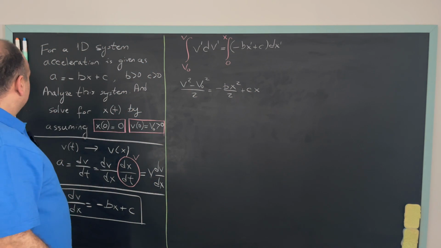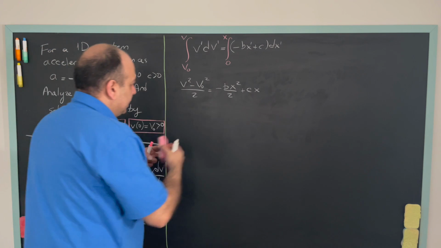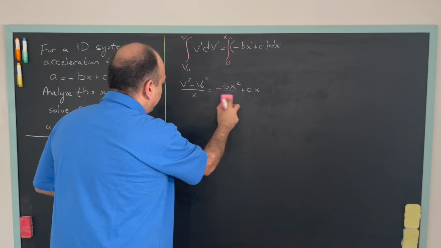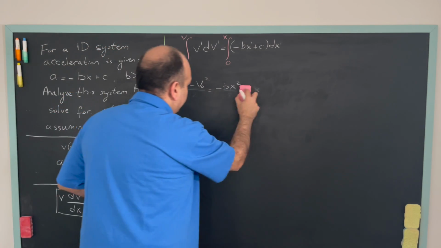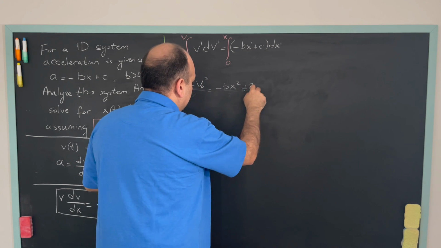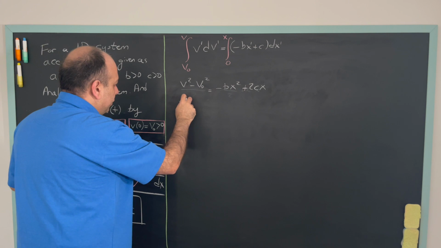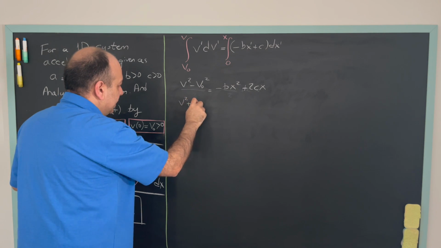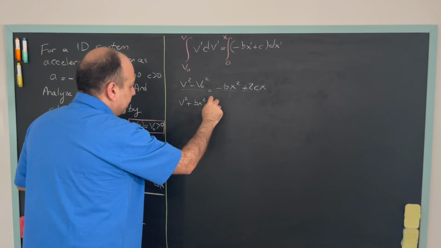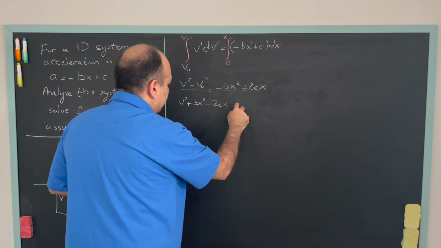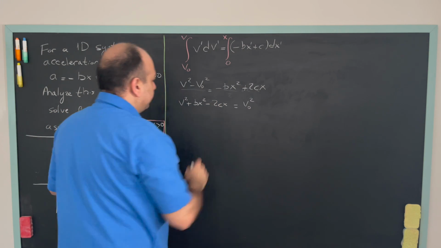This is good. So we can multiply both sides with 2. This becomes plus 2cx. So I can put all the x's on this side. So v square plus b x square minus 2cx is equal to v naught square.